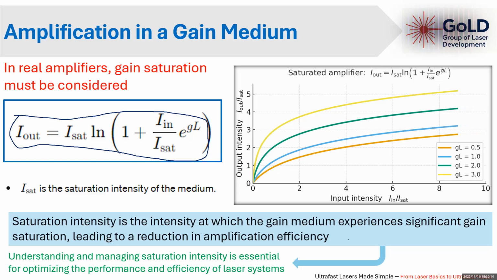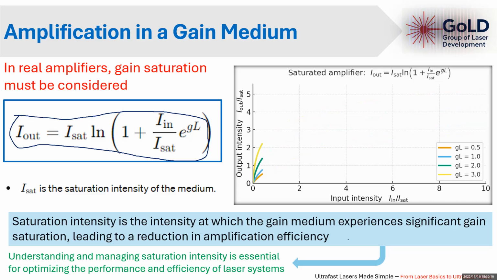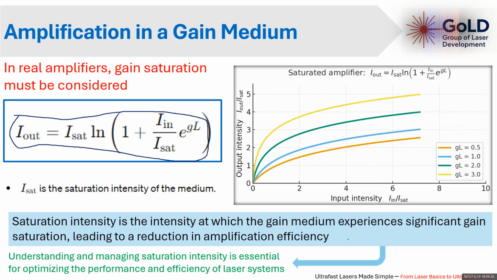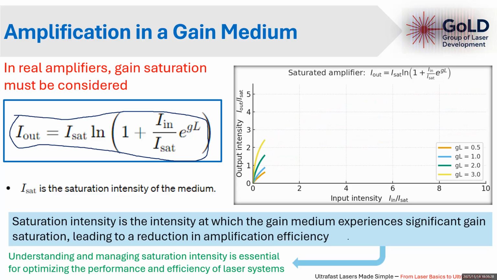This intensity saturation is also called the gain saturation, because at a certain value of the intensity, the crystal or whatever the gain medium is not able to amplify further. Intensity is not increasing at the output.